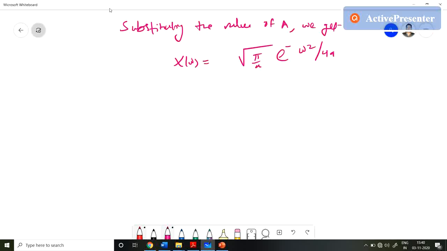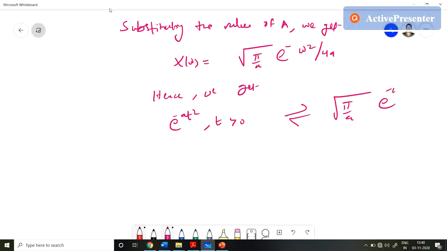Hence, for e raised to the power minus a t square, the Fourier transform is under root pi by a e raised to the power minus omega square divided by 4a.